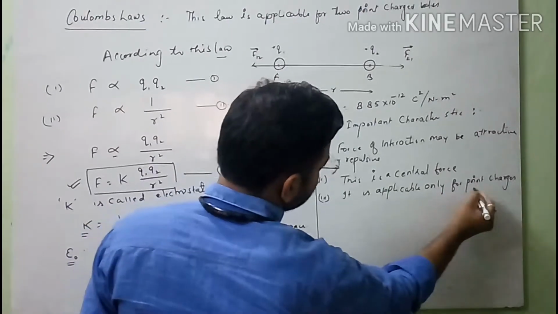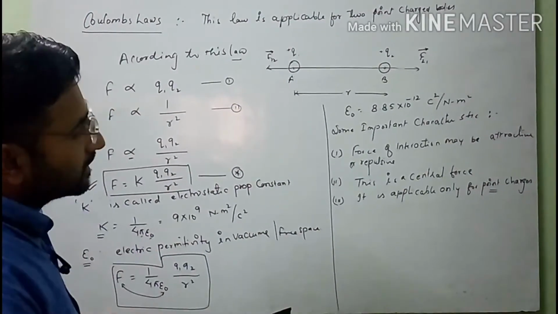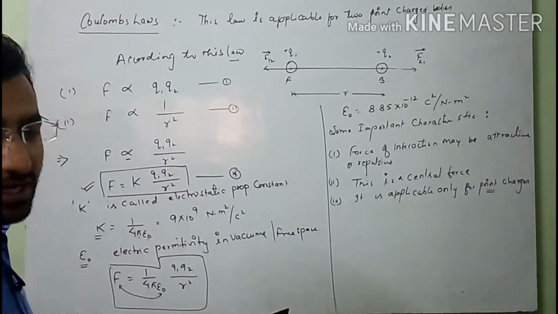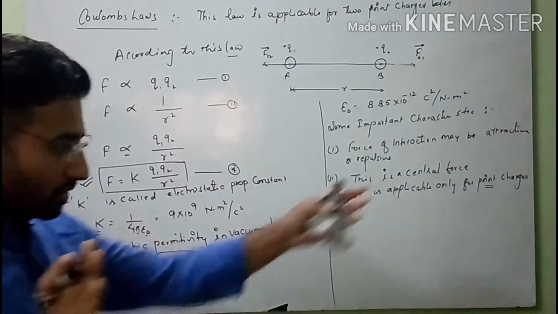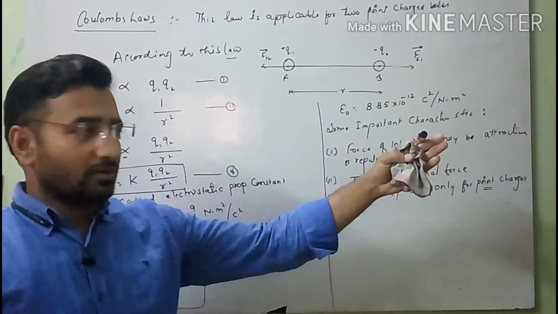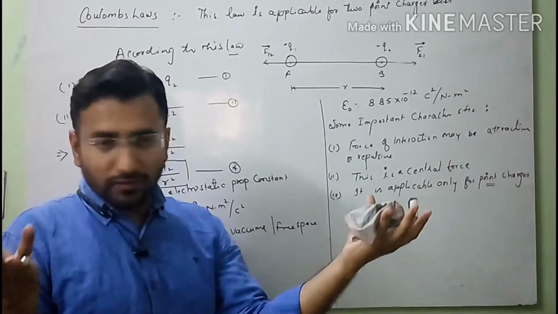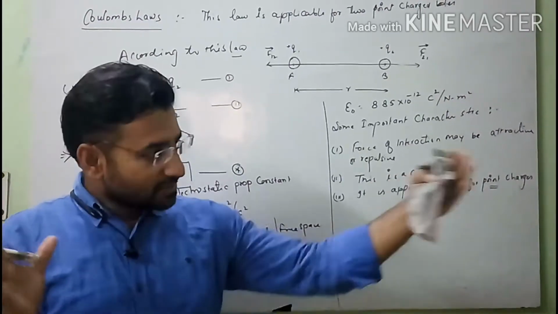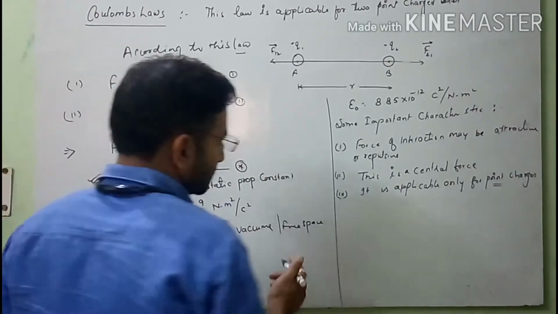Point charges means the size of the charged particle or charged body is negligible compared to their distance of separation. If I take two bodies, then the size of these bodies is negligible compared to their distances. That's why I am writing this.